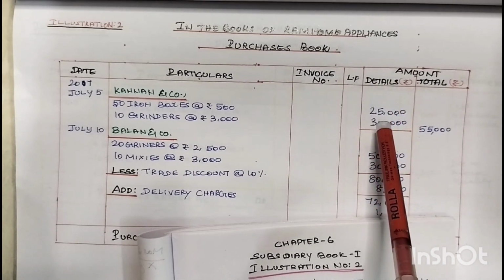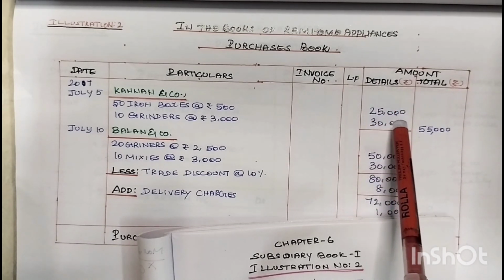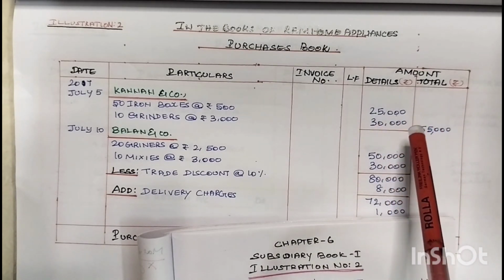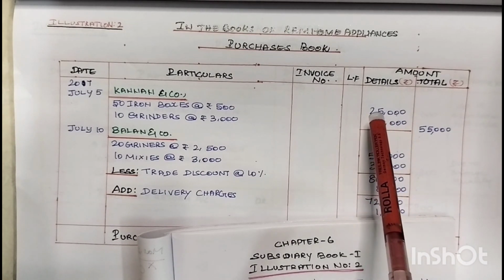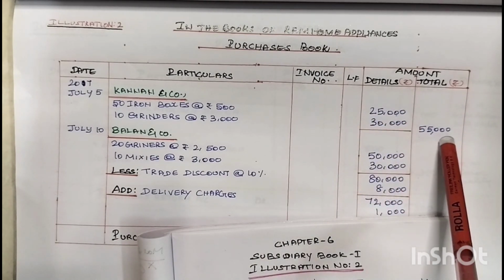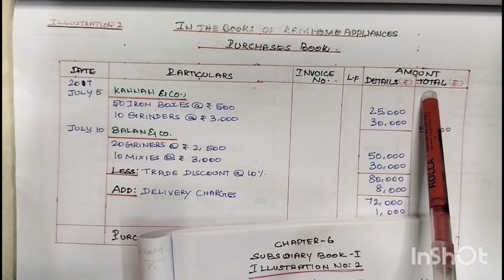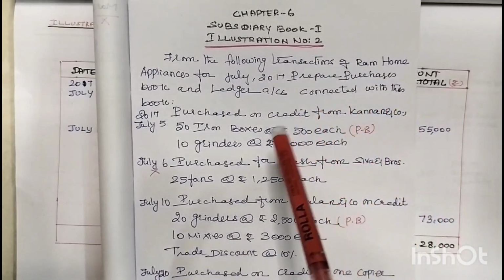Then you have to add both the values and enter the total value into the total column. What are both the values? You have to add 25,000 plus 30,000. You got 55,000. You enter that 55,000 into the total column. We entered. Let's see the next transaction.